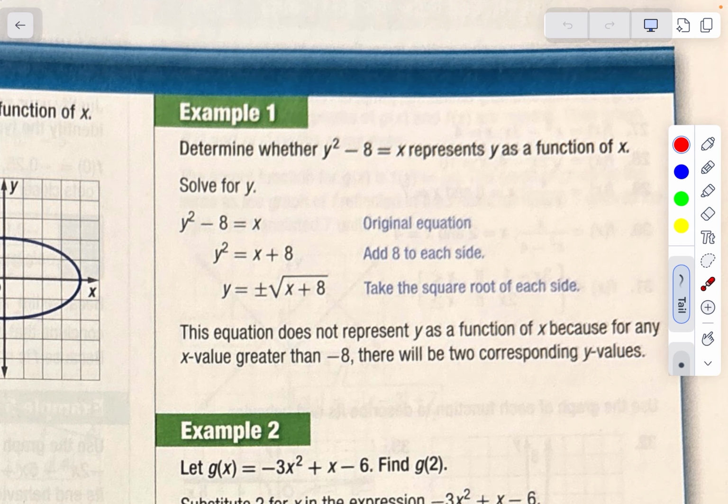Anytime you have a square, an even power on a y, it makes the graph lie on its side, and that's why that one is not a function. You can also tell because you get that plus or minus. Every x that we plug in, we get a positive version and a negative version. So that's a no, okay?